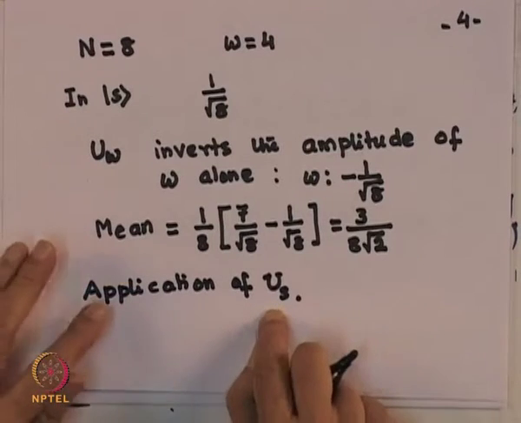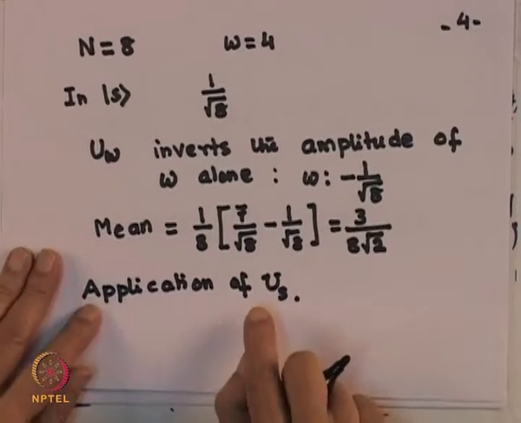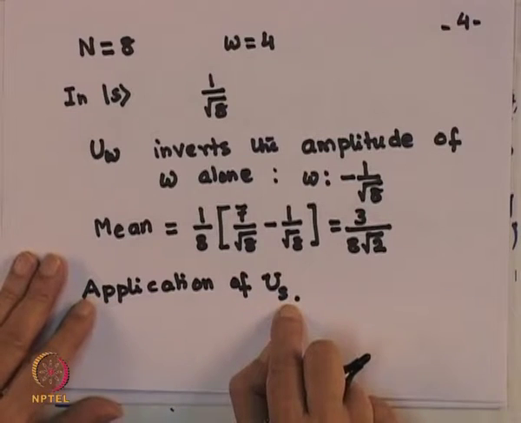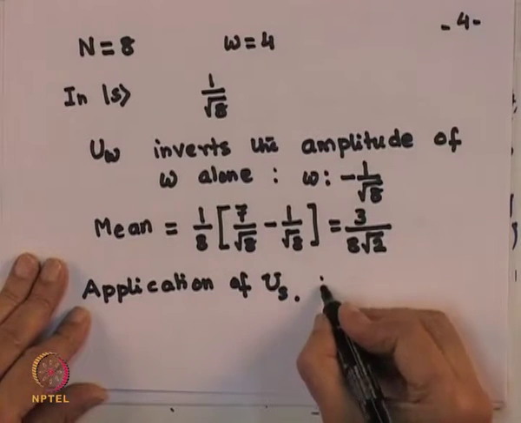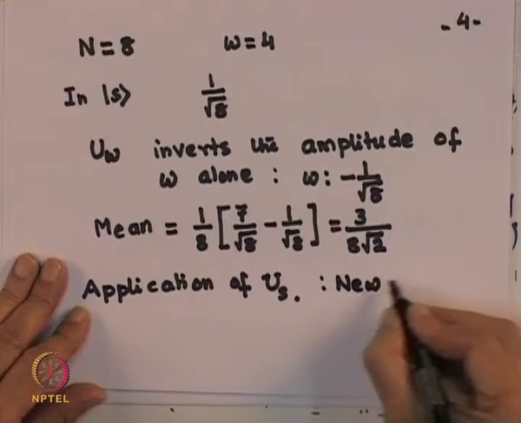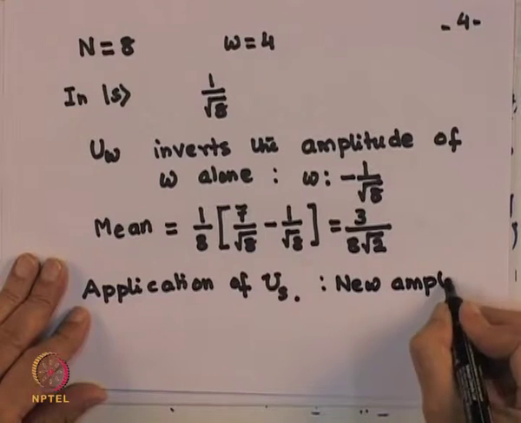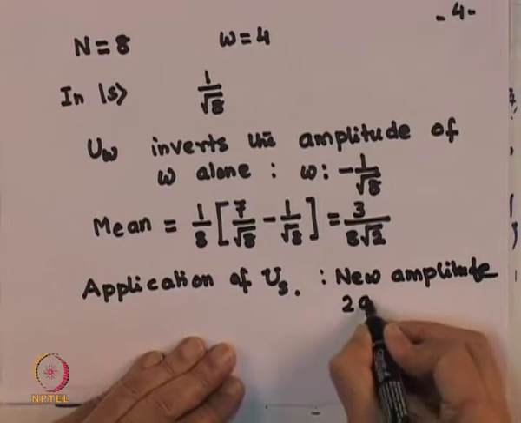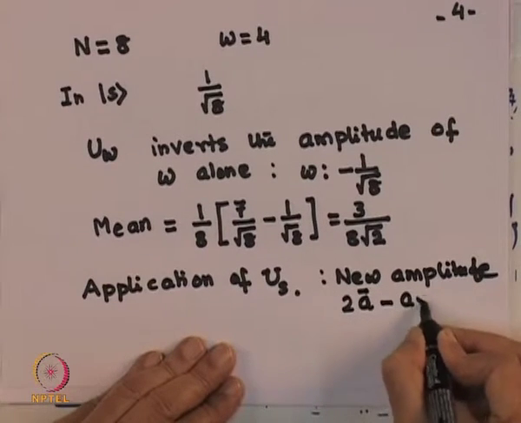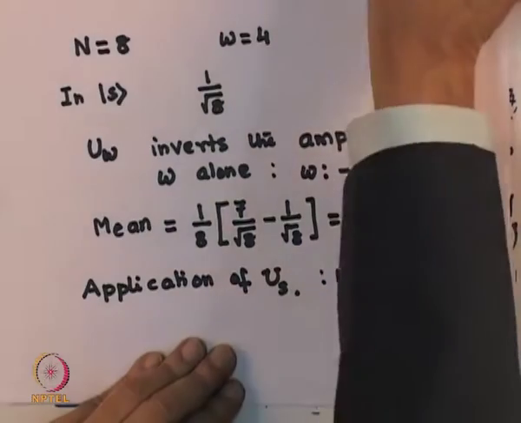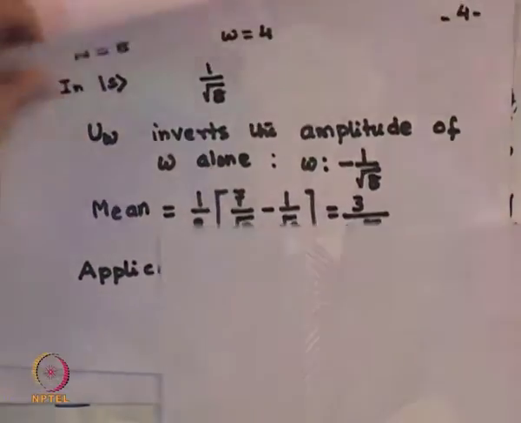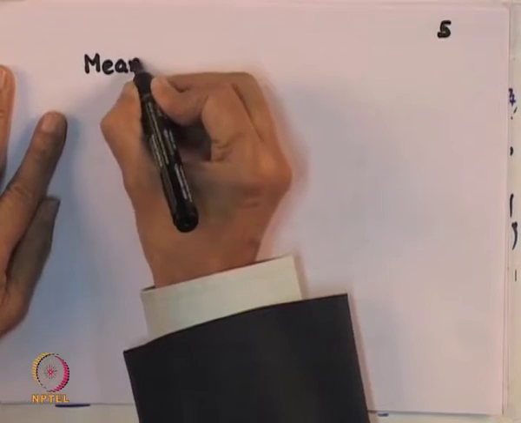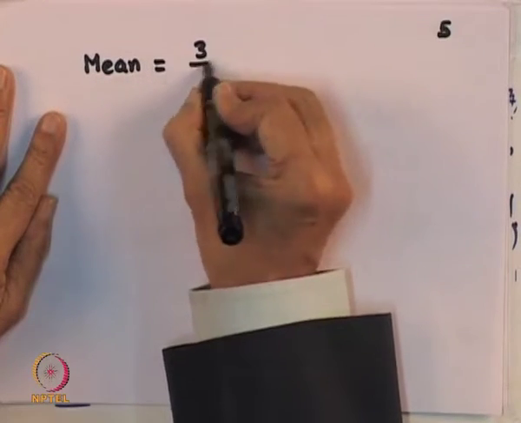Now notice, we said that as a result of US, the new amplitude will become 2 A bar minus AX. So let us look at what this means. Let us rewrite: the mean is equal to 3 by 8 root 2.